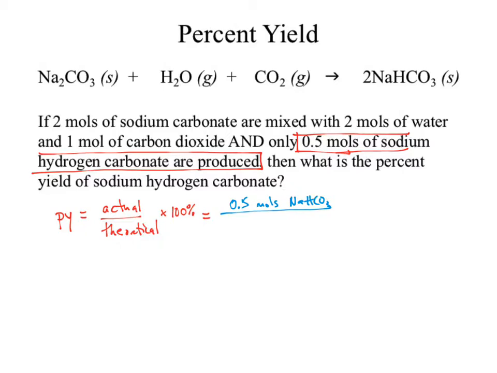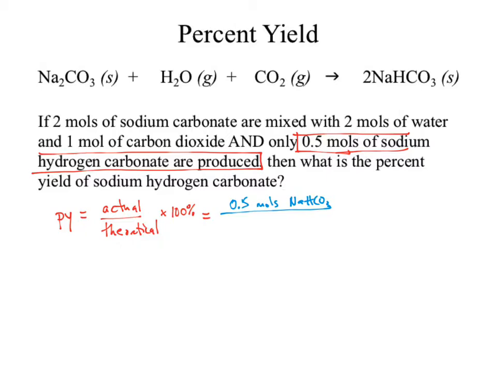What did we theoretically obtain? Just like we said before, our theoretical is calculated. We would have to solve for it, based off of what? The balanced equation, converting each of the substances that I'm given across to product.